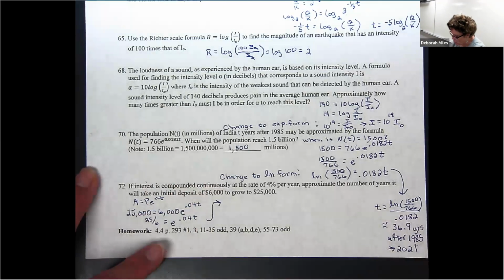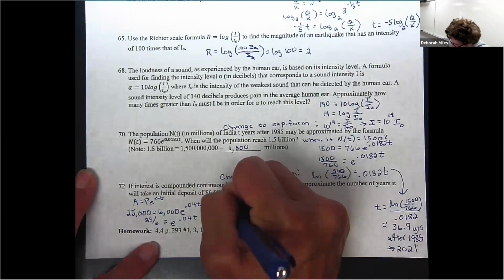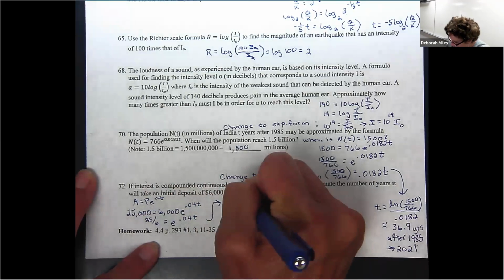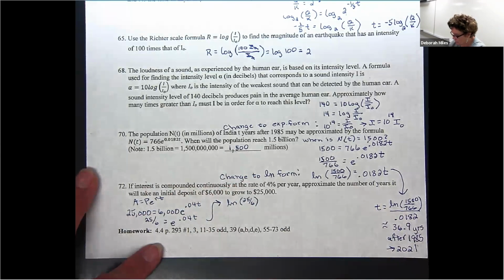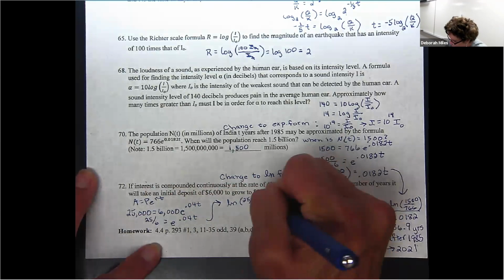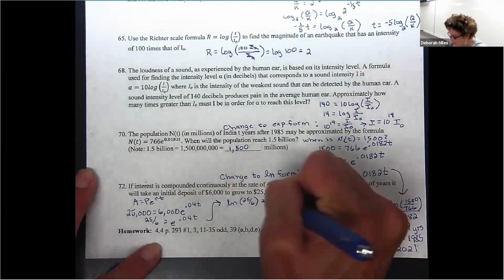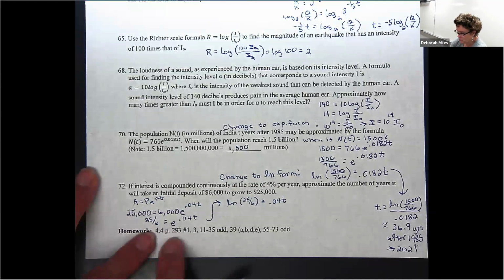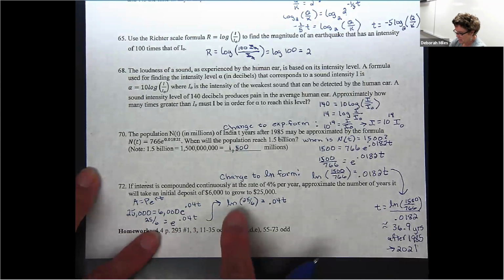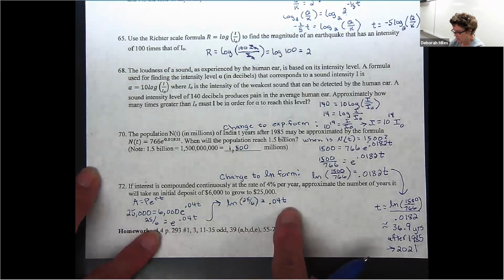In logarithmic form, that would be natural log of 25/6 equals 0.04t. Change it back to exponential just to be sure. E to the 0.04t equals 25/6.